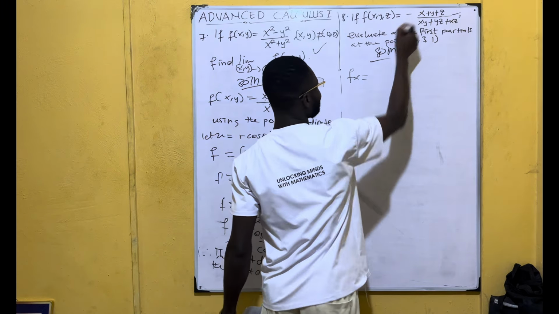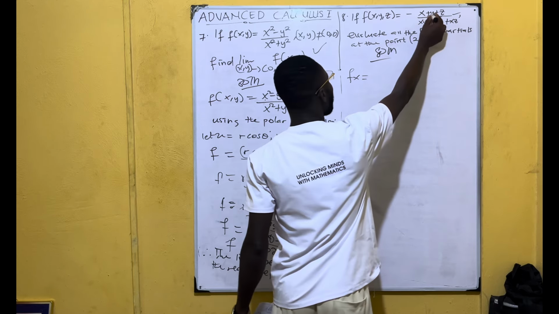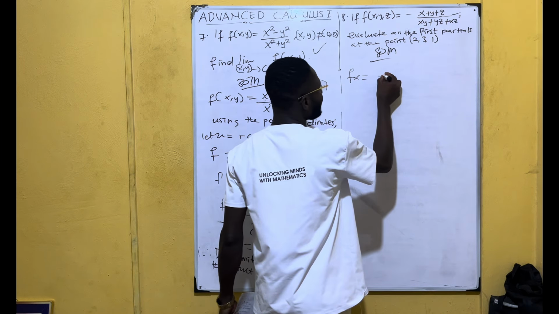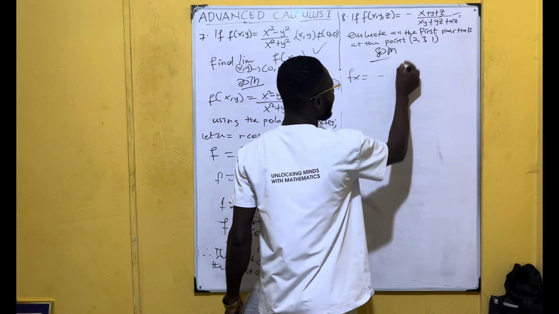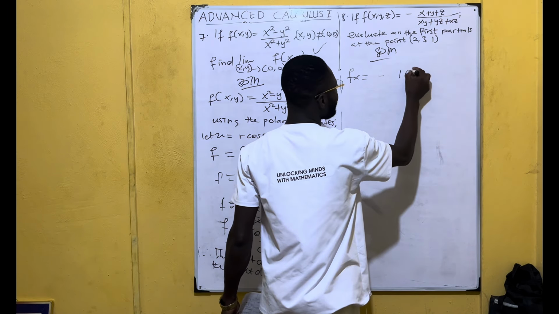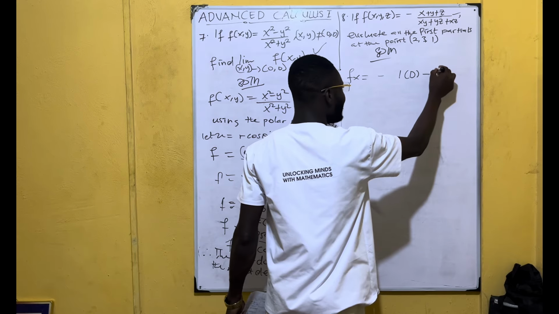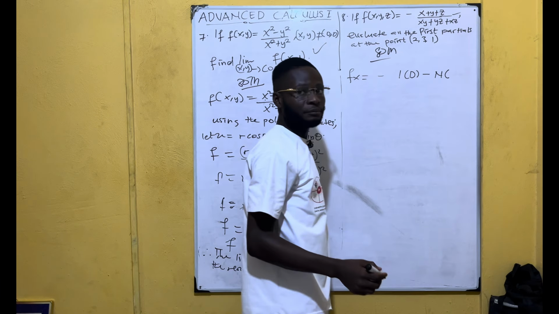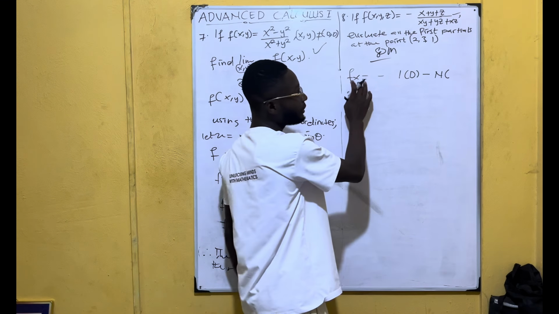So with Fx, it means that y and z will be constants. So we have negative of positive 1, maintain the denominator minus maintain the numerator, differentiate the denominator with respect to x.